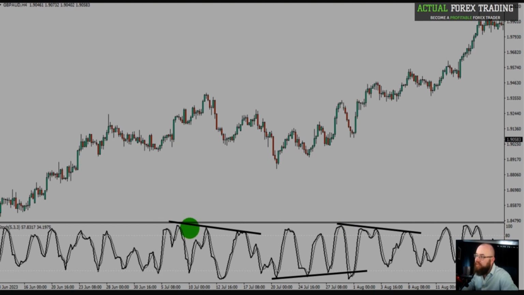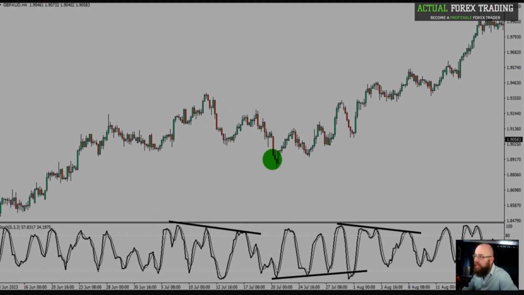Divergence is when this stochastic actually signals the opposite to what the trend is forming. So if you have an uptrend here, and when we have these higher highs, higher lows, but the stochastic is forming lower highs, so we have an uptrend, but with this divergence, we have lower highs here, lower highs, even though price is uptrending.